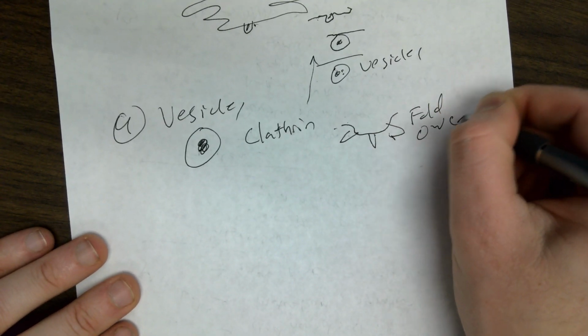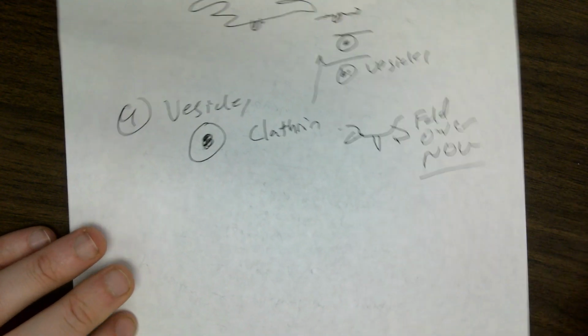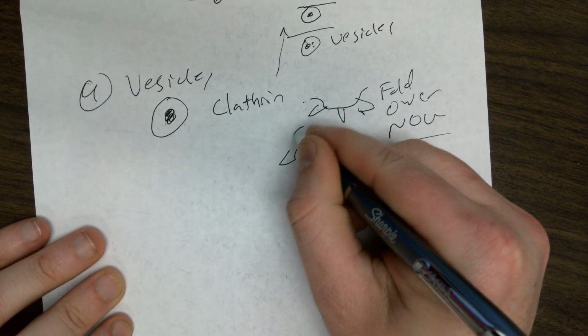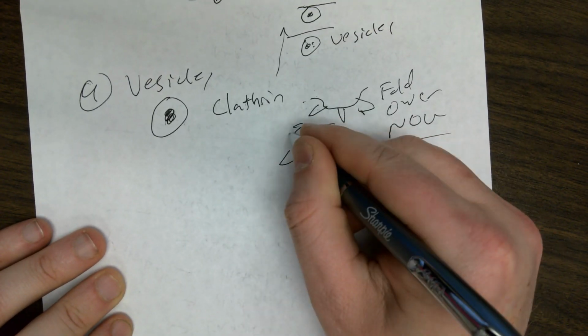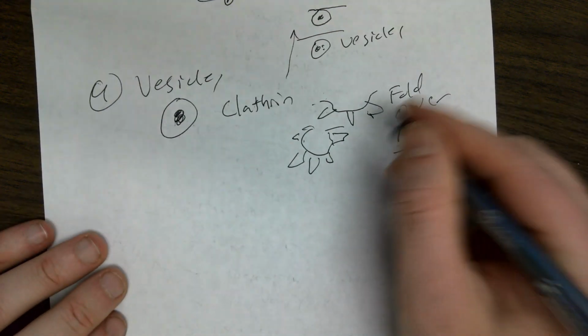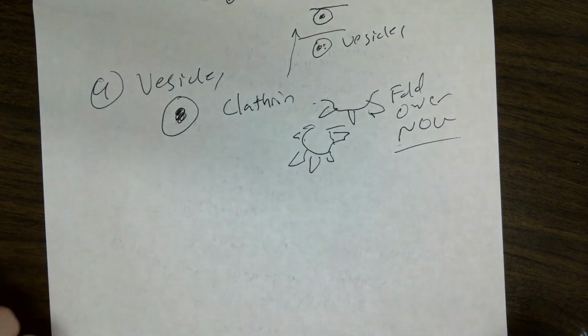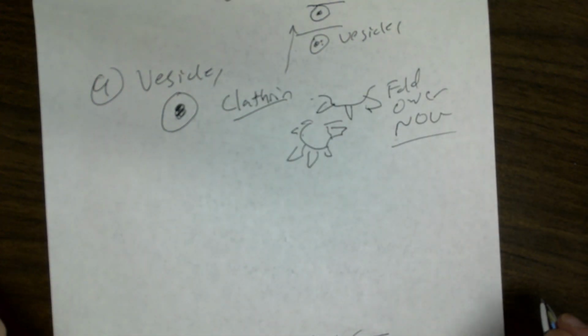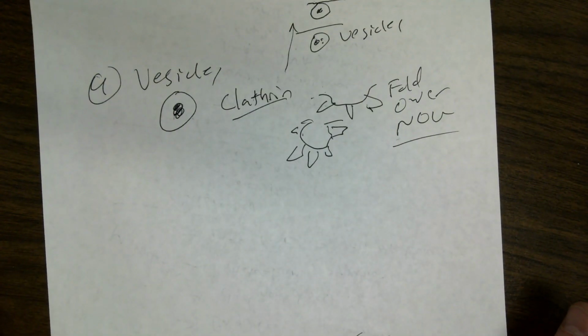And so you start to get more and more clathrin around it, the more it folds over. And then eventually it becomes a vesicle. So clathrin stimulates it and causes it to fold inward and create that circular vesicle that we know. So clathrin is the protein that is responsible for vesicle formation. And that is B22, organelles and compartmentalization.